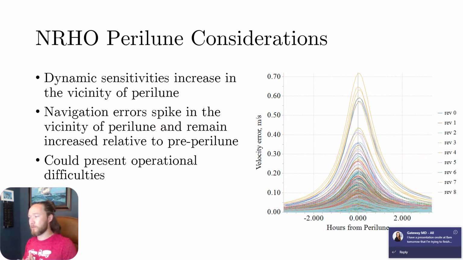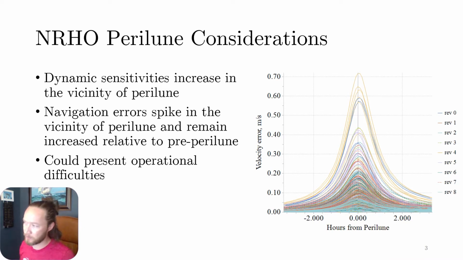When we are doing predictions through Perilune, we go through a period with high velocity sensitivities in this dynamic region, so the errors can spike in the vicinity of Perilune. In this plot, we have the time spent under 10,000 kilometers, comparisons of estimated spacecraft propagating through Perilune against our Truth spacecraft.